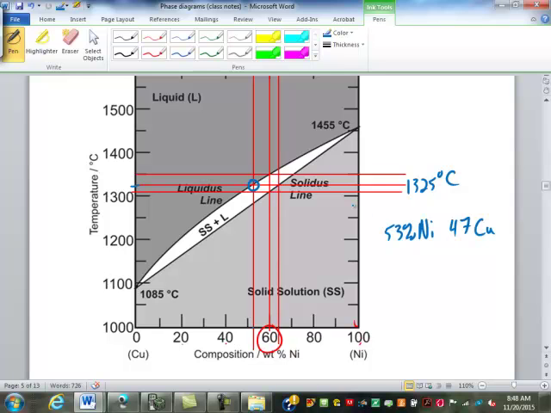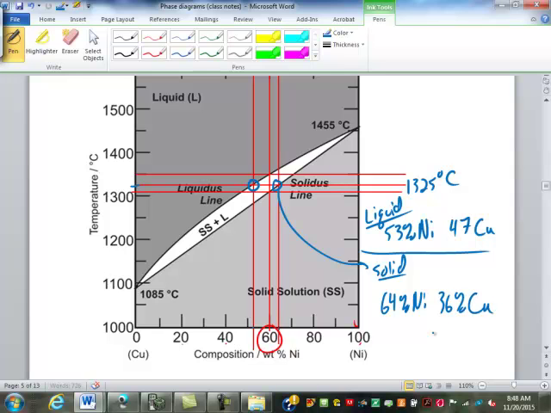That is the liquid portion. The solid portion right here, you can see down here that's 64% nickel and 36% copper.